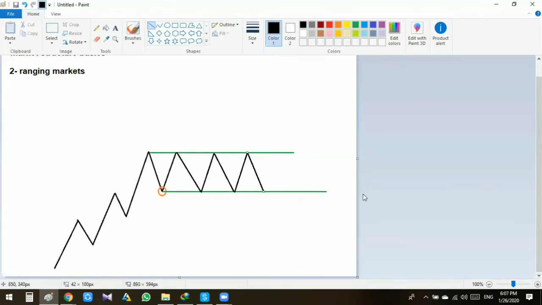After that, if price is making ranges, the only thing we can do, for example sells in here or buys in here, is just waiting. We have to wait for a candle close above the resistance, something like this, or a candle close below the support for sells, something like this.